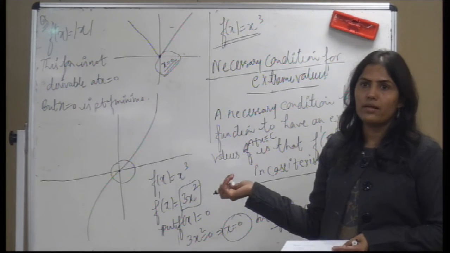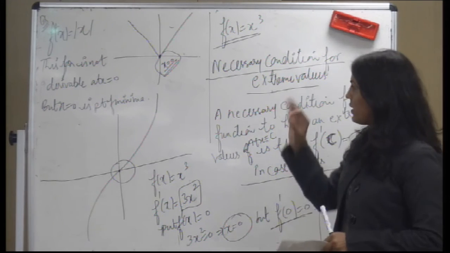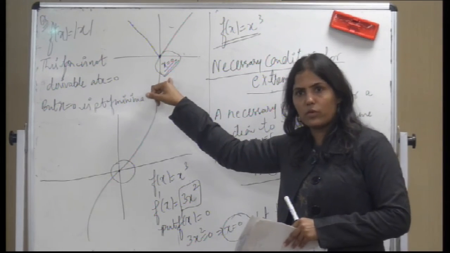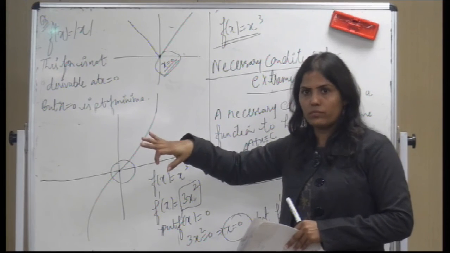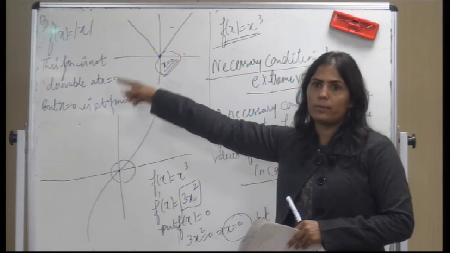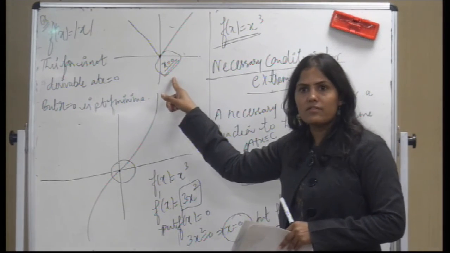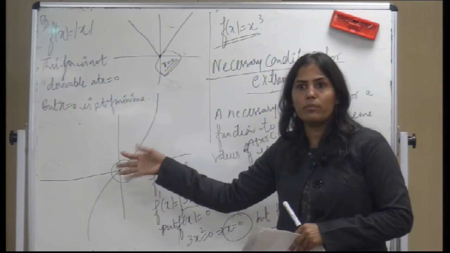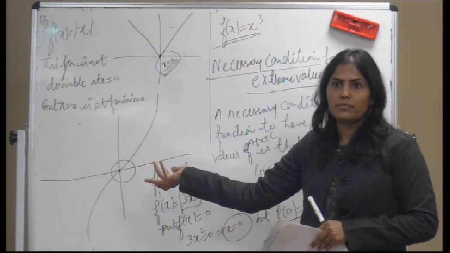Is it fine? So it means that if this is a point of maxima, we are 100% sure the derivative will be 0. But there are situations where the function is not derivable, yet a point of minima exists. And at this point the derivative is 0, but it is not a point of minima or maxima. You can see it.